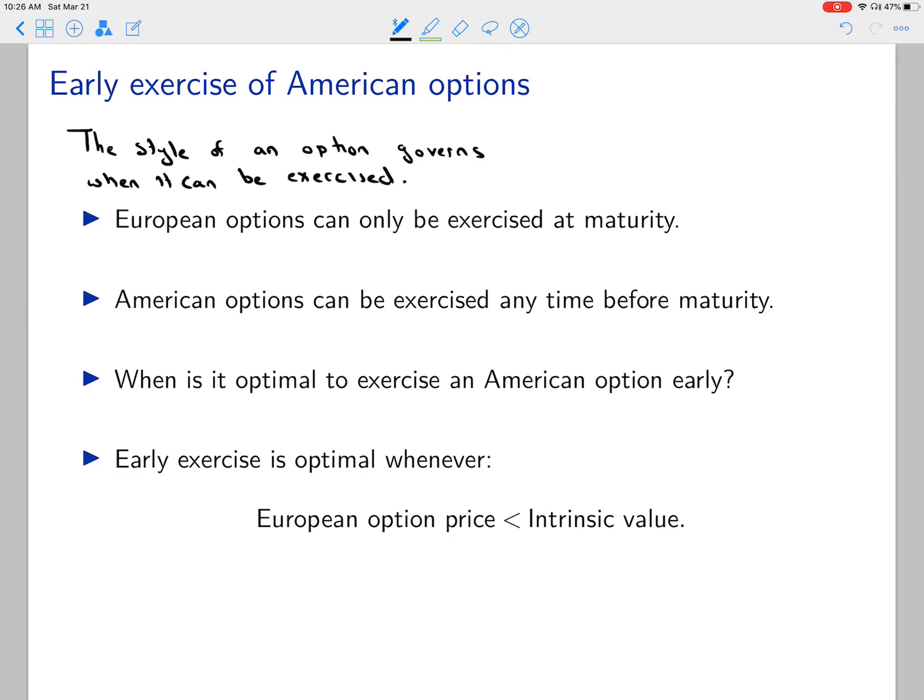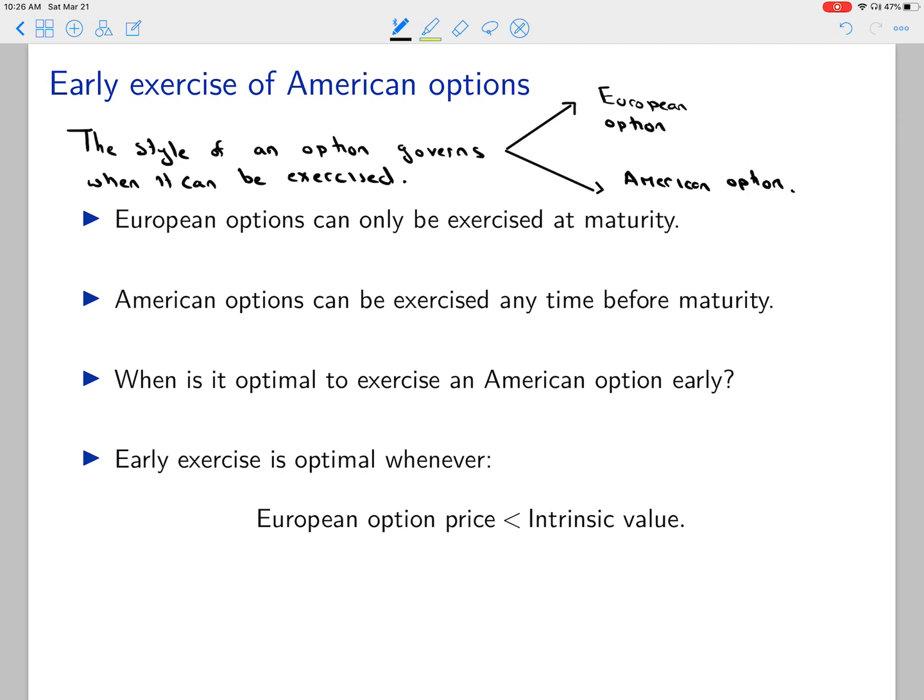Now in general, there are many different styles of options, but there are two main styles in the market that we will deal with in this class. The first style is the European option, and the second style is the American option.